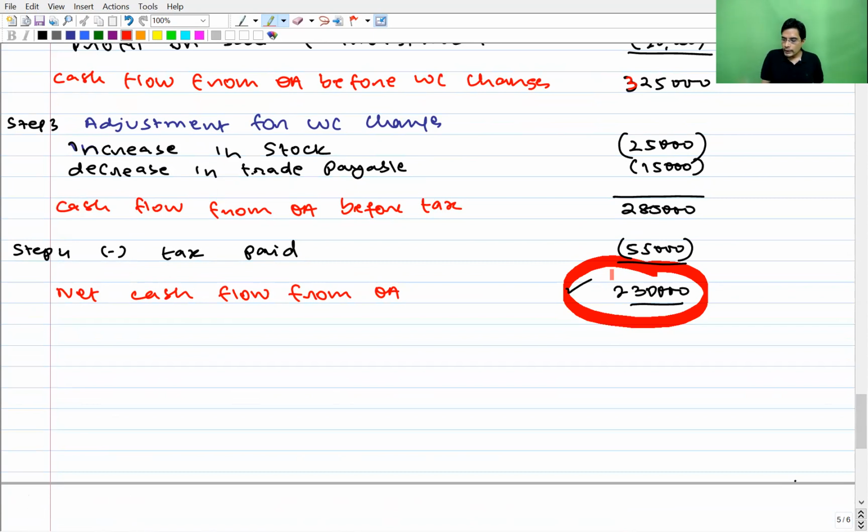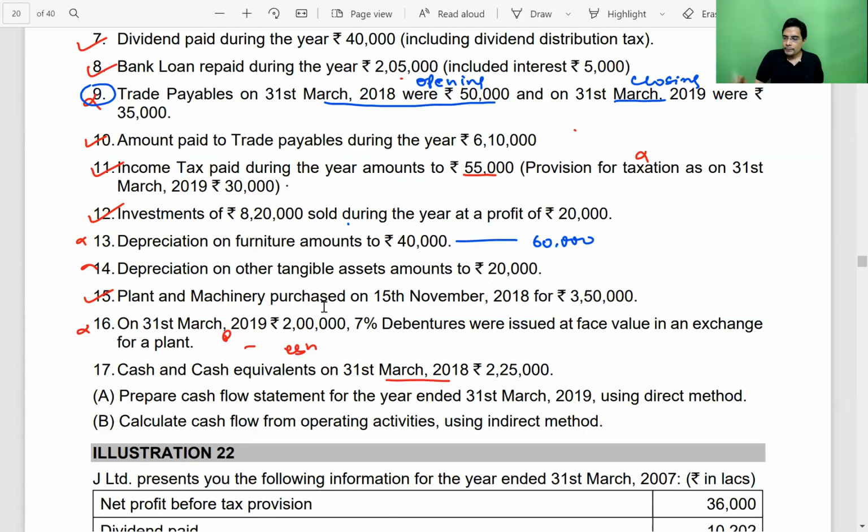Now the question which usually is asked by students: sir, you didn't do anything with provision for taxation. Why didn't you do it? The answer to this question is, till now, whatever questions we have done in the class, they used to give us the profit after tax. They never used to give us the profit before tax.